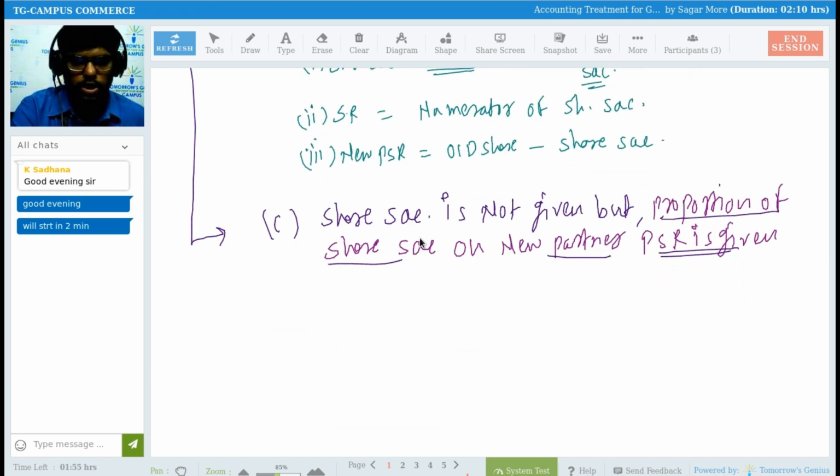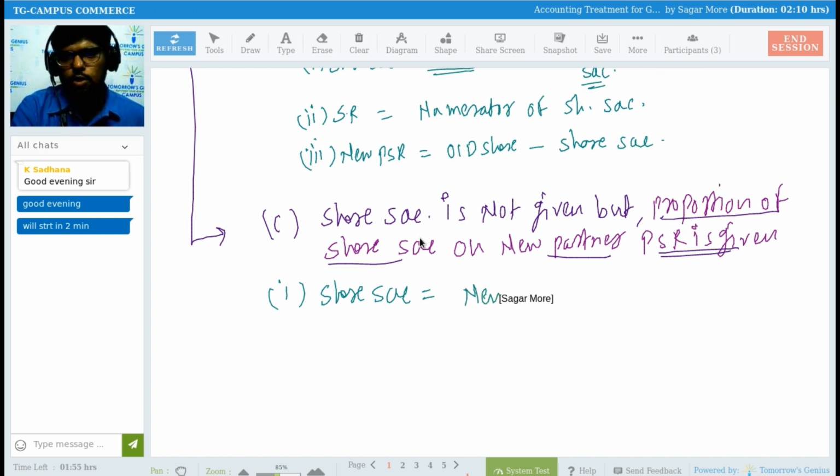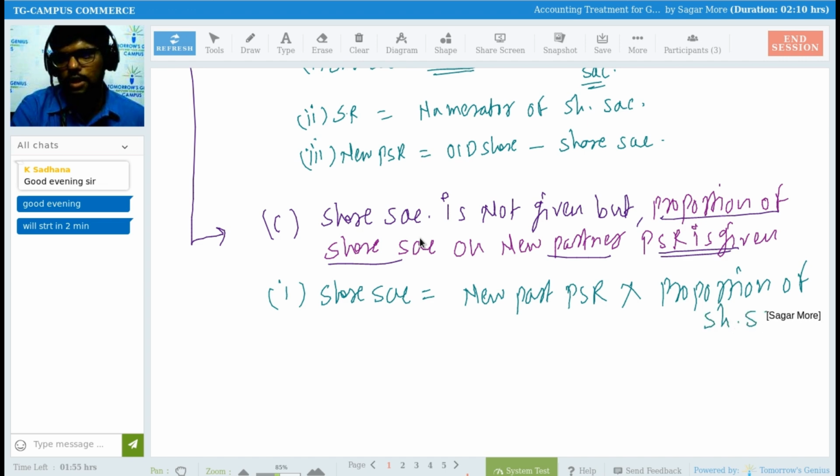So how to calculate, what are the steps? First step is, again, we have to calculate share sacrifice. Share sacrifice is equal to new partner profit sharing ratio multiplied by proportion of share sacrifice by the old partners, right?